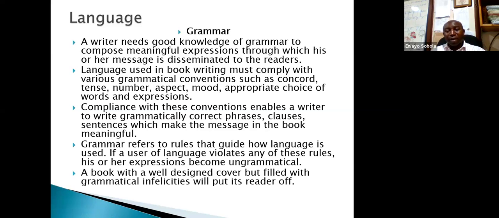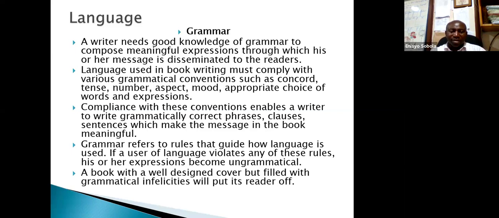And you may not be able to come back to read it again. That may be the end of that book. And you as a writer, you need to mind that seriously and don't joke with grammar, because grammar has a lot. And when you engage in syntactic analysis, you are meant to account for every word in the sentence construction.